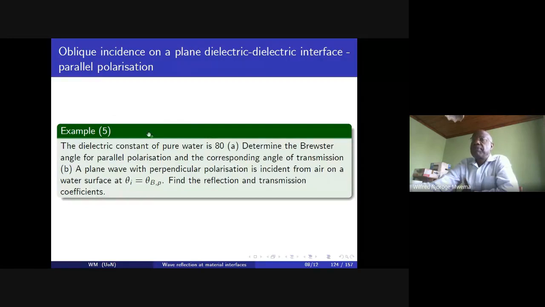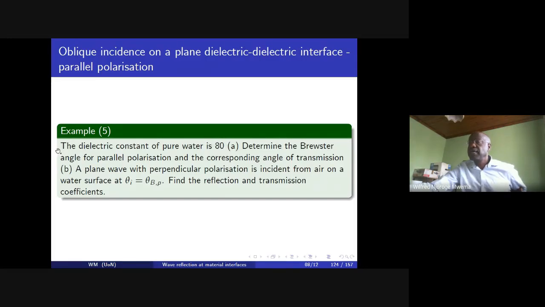So example 5. The dielectric constant of pure water is 80. Remember, if you are given the dielectric constant, this is not the permittivity. You must multiply this value of 80 by epsilon naught to get the permittivity.